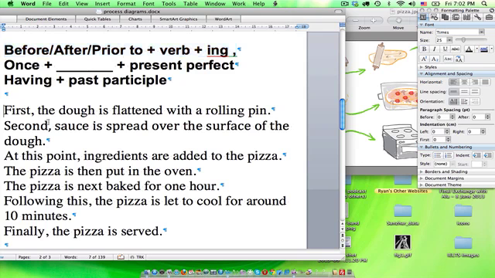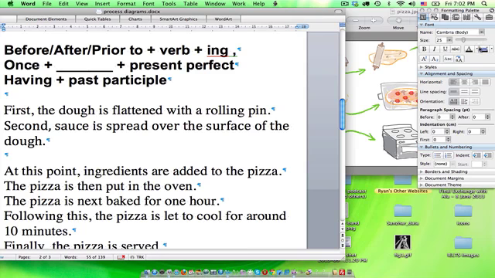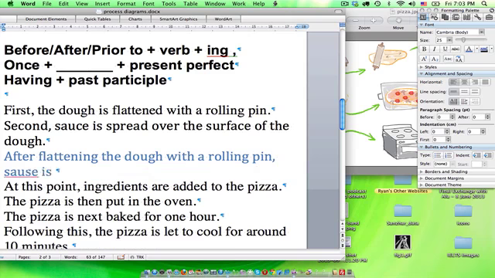So let me give you an example of how we could use this structure. If we take the first two here, so first the dough is flattened with a rolling pin, and second the sauce is spread over the surface of the dough. Now we could link these together using a sentence like, after flattening the dough with a rolling pin, sauce is spread over its surface.